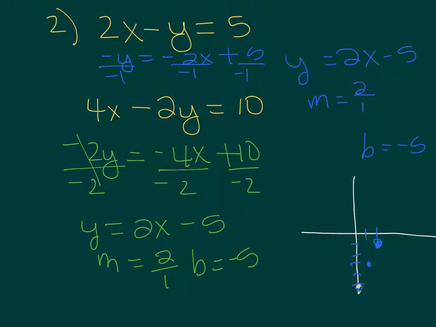I'd go down 5, up 2, right 1, up 2, right 1, and at that point, I should notice that they're the same line. So if they're the same line, that means the answer to this problem is all solutions on the line. Now, if they would have been parallel, it would have been no solutions.